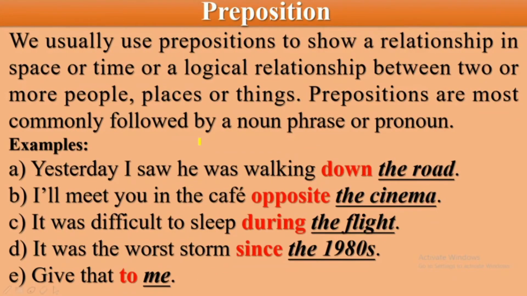It was the worst storm since the 1980s. In this sentence, since is a preposition because it has an object, that is 1980s. Give that to me. Here to is a preposition because it has an object, that is me.